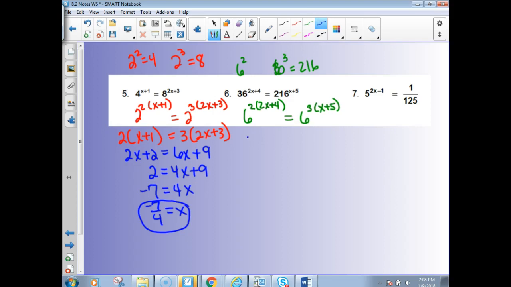And then we'll go ahead and do the distribution. We'll drop the bases, and then I will distribute. Okay, so we got 4x plus 8 is equal to 3x plus 15. Subtract 3x, and then subtract 8. You should be getting 7.